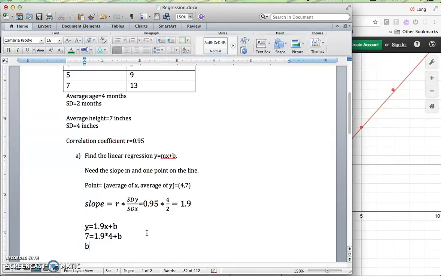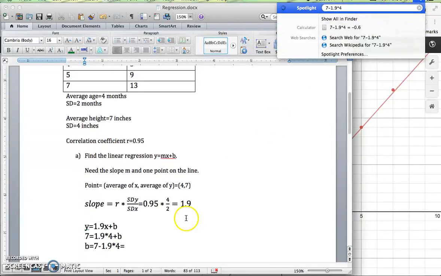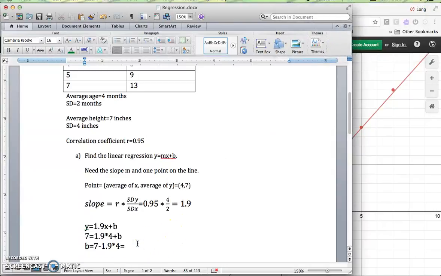Therefore, b is equal to 7 minus 1.9 times 4. 7 minus 1.9 times 4 is negative 0.6. So b is negative 0.6.